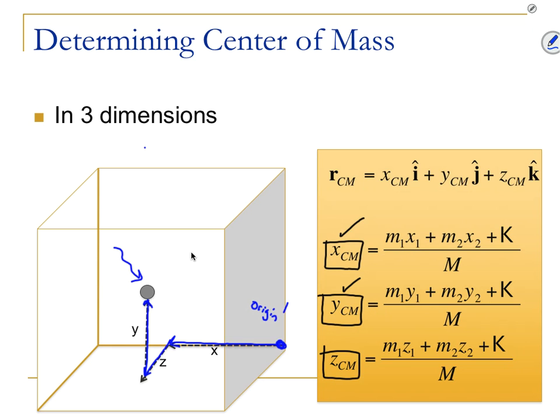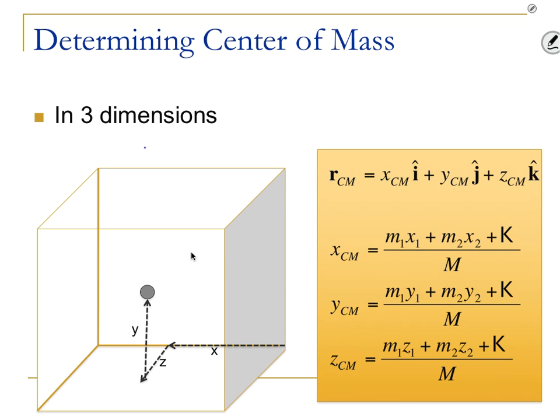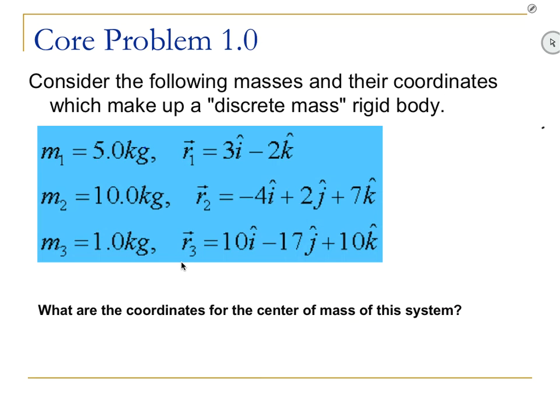And once again, just like in vectors, the origin really matters when we're doing this. All right, and that's why we see radial vector CM is comprised of I hat, J hat, and K hat mentality. So what does that mean for me, Mr. Matthew, if I'm solving a problem?